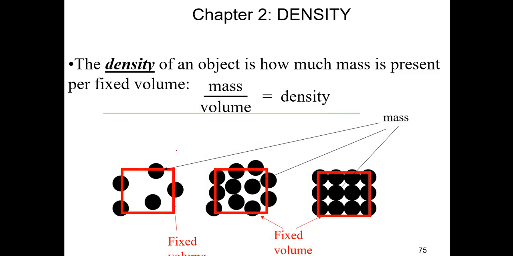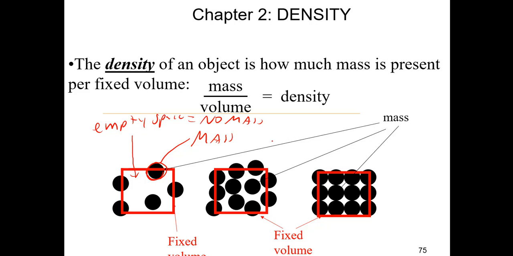Next thing I want to get into is mass. Every single particle contains a mysterious substance called mass. Now, between the particles, there's empty space, and whenever we have empty space, there is no mass.